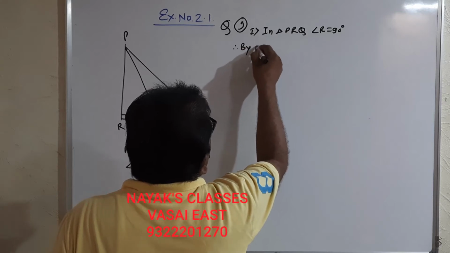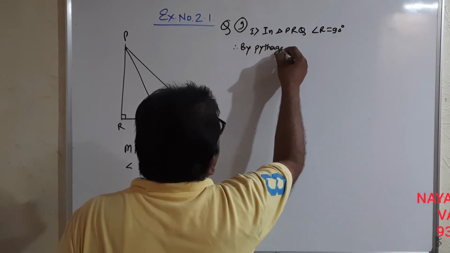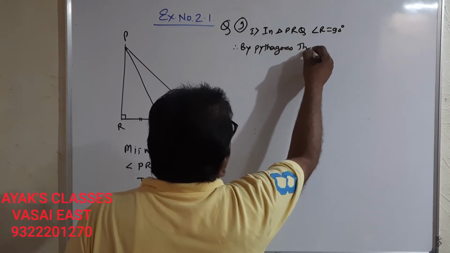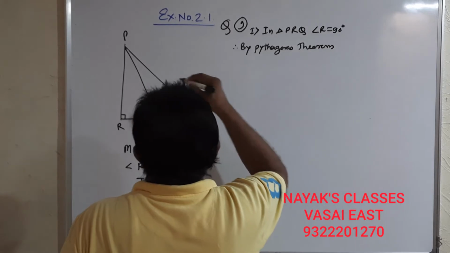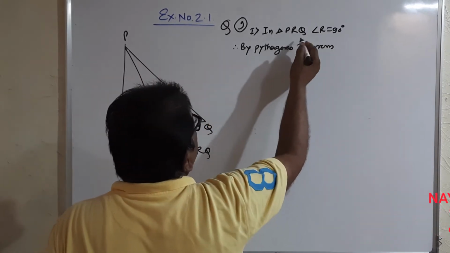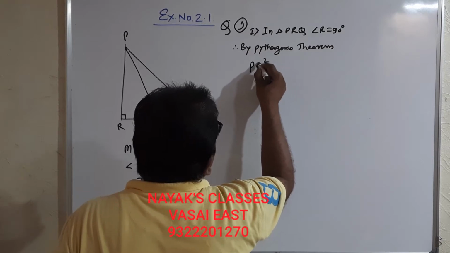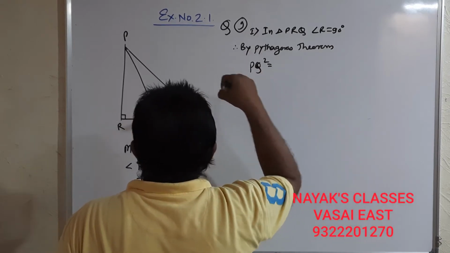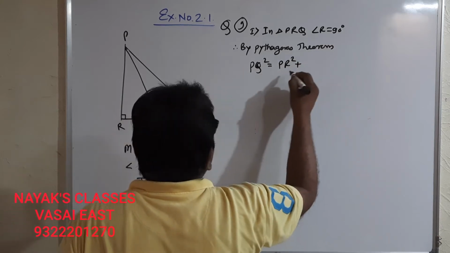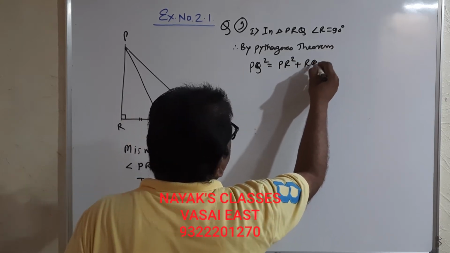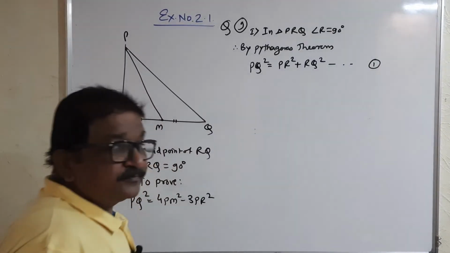Therefore, by Pythagoras theorem, PQ square is equal to PR square plus RQ the whole square. This is statement number 1.